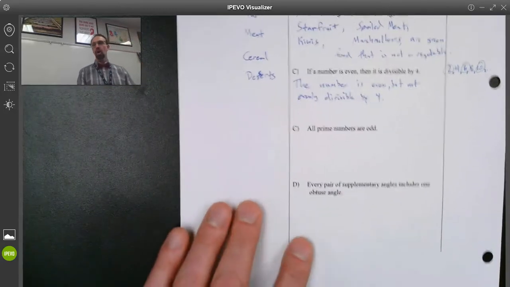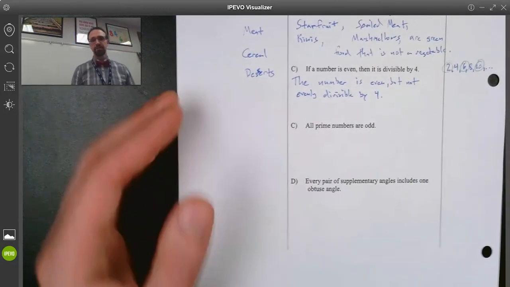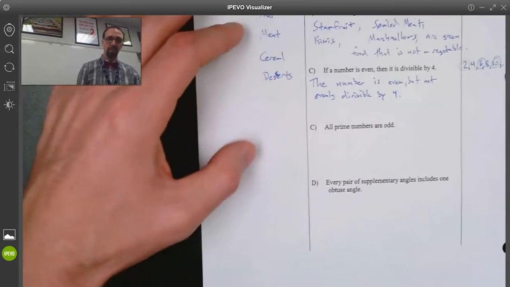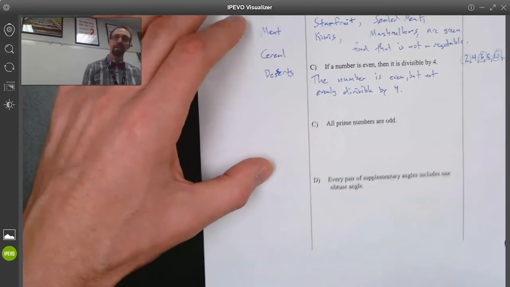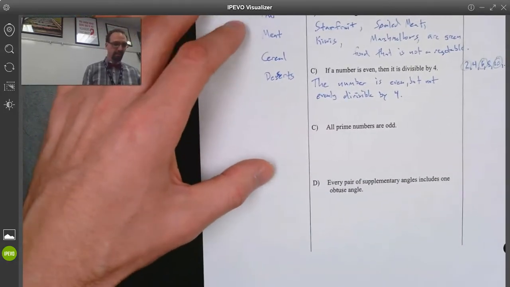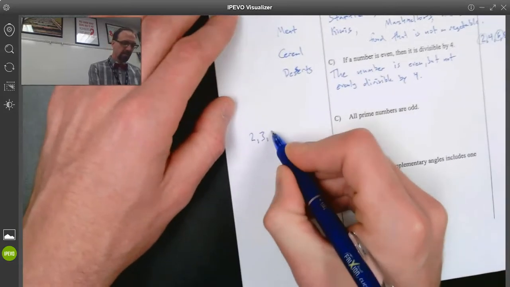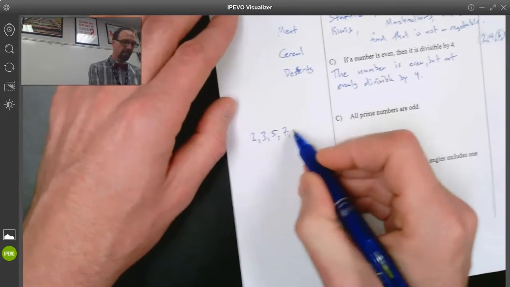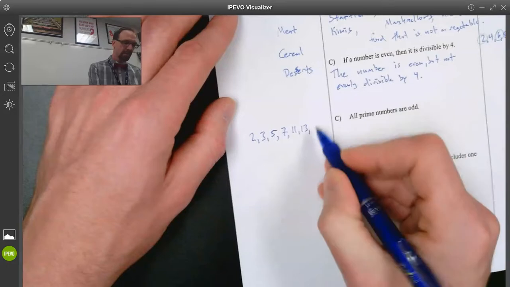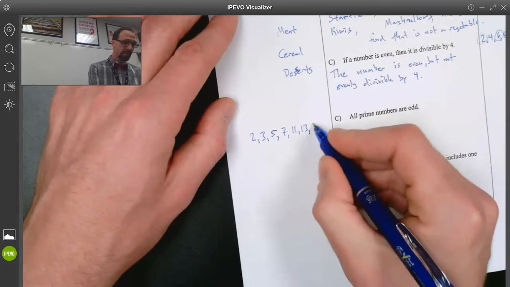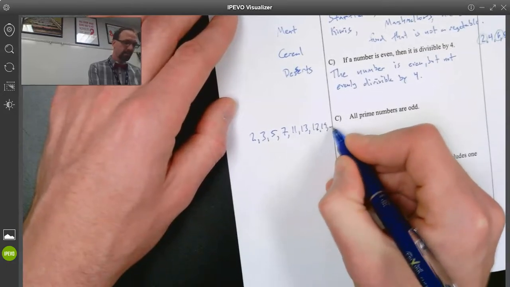Part C, all prime numbers are odd. A definition of a prime number is a number that can only be evenly divisible by itself and 1. So prime numbers start at 2, 3, 5, 7, 11, 13, 17, 19, and so on.